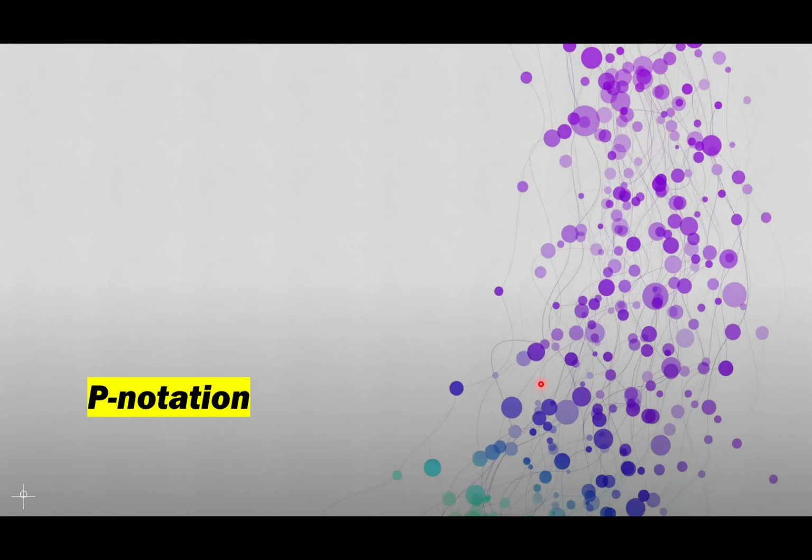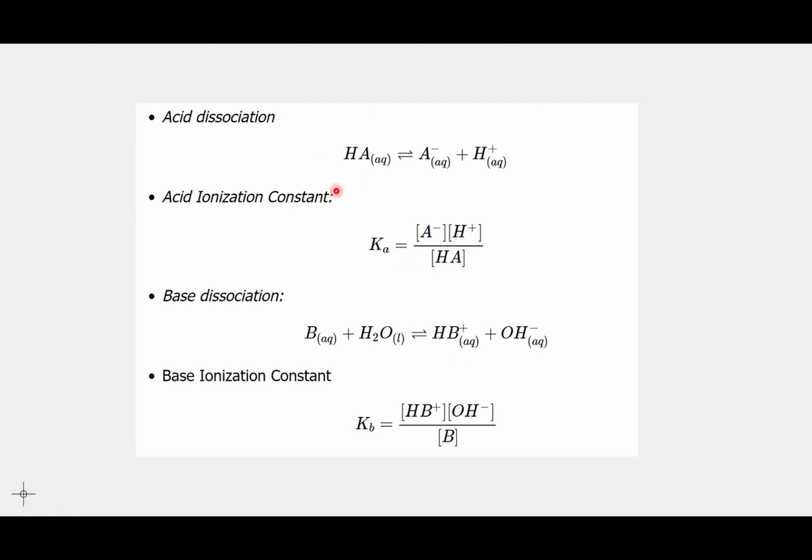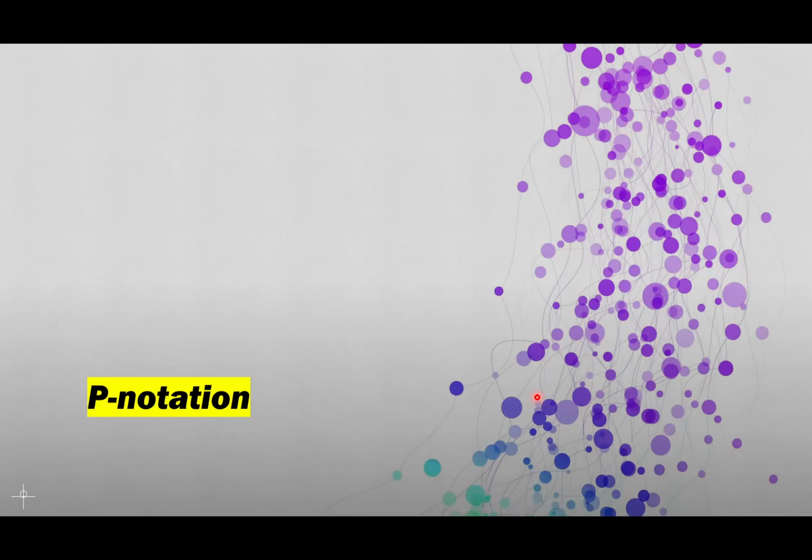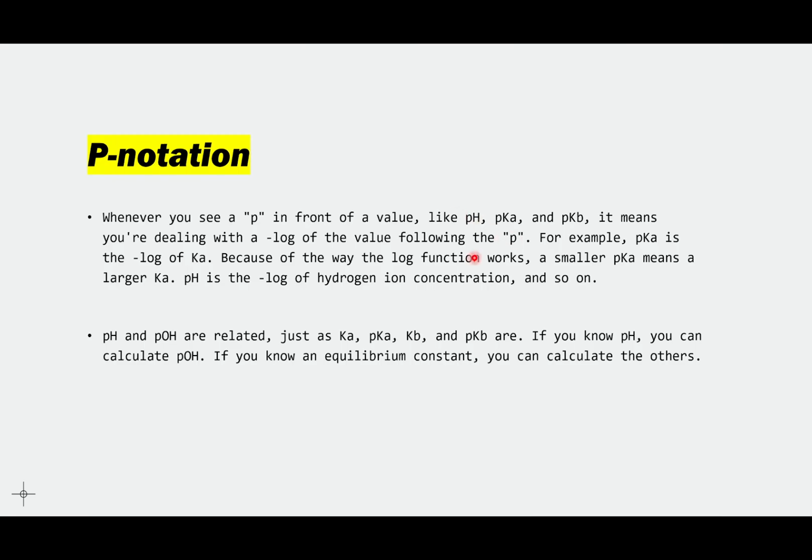Another thing that I want to go through specifically is what I define as P notation. So if we have a Ka and a Kb, we can derive what we call pKas and pKbs from it. What P generally speaks to is a negative log of something. So if I were to give a definition for P, P would be equal to negative log base 10 of something.